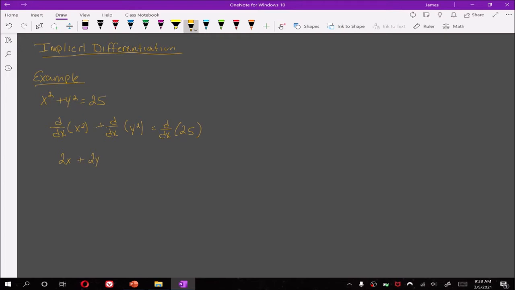But since y is a function of x, we have to use chain rule, right, dy dx. Right, then the derivative of 25 is just 0. So we have 2x plus 2y dy dx is equal to 0.